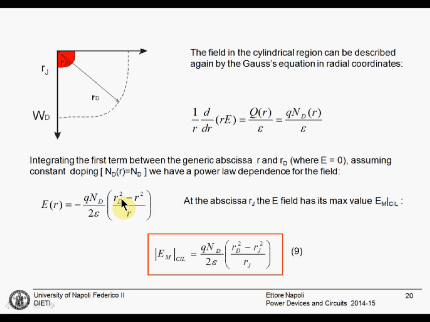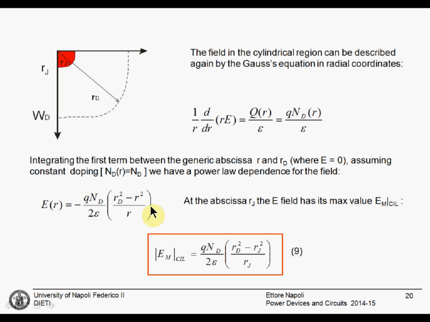This is the depletion width, and this is the point along the depletion width. As we do expect, this electric field is 0 if R is equal to RD. It means that here the electric field is 0. It was one of the conditions, the boundary conditions.